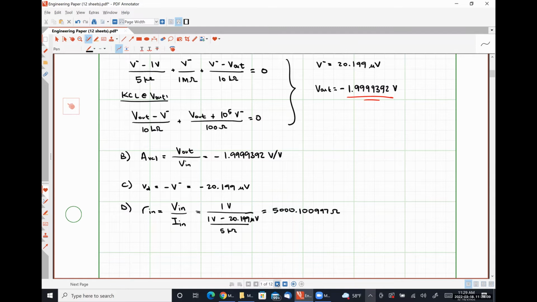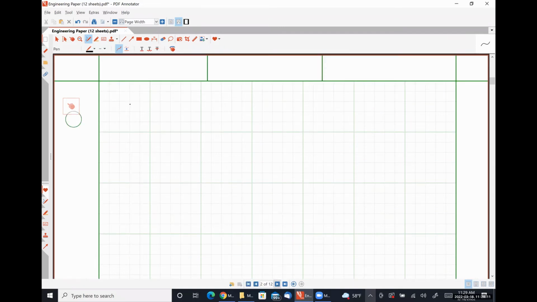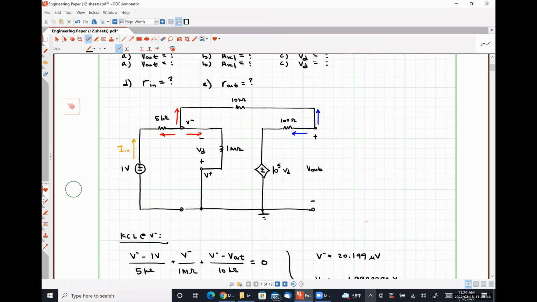So fundamentally, our output resistance, I think this is quantity E. Sorry, and this should be lowercase r, is V out prime over I out prime. Now, we're not actually going to calculate it this way, but I want to explain exactly what I mean by this, okay?